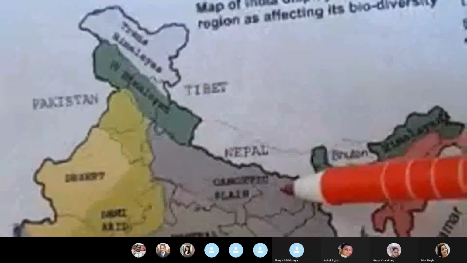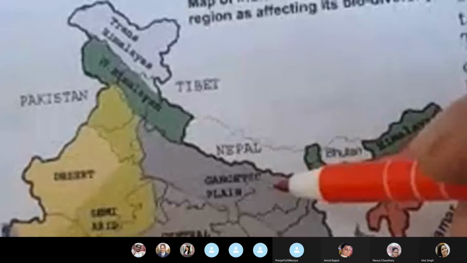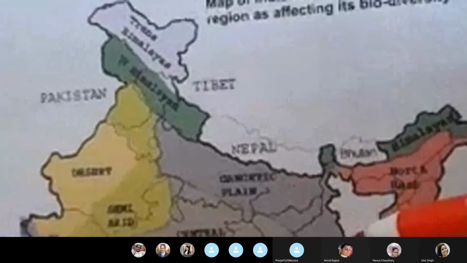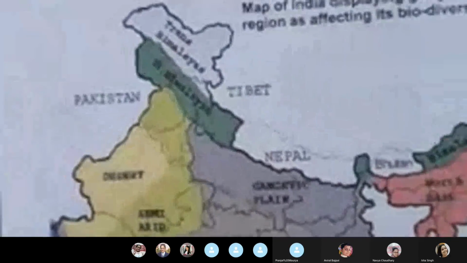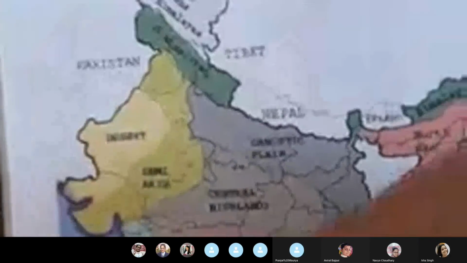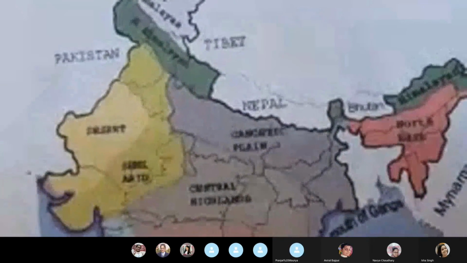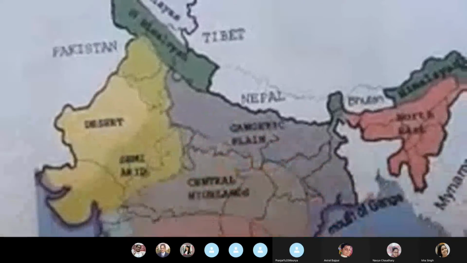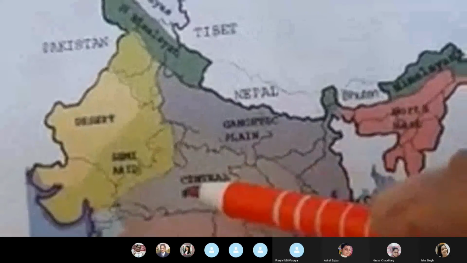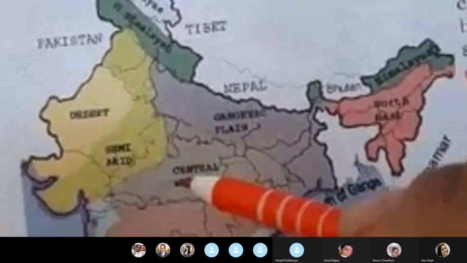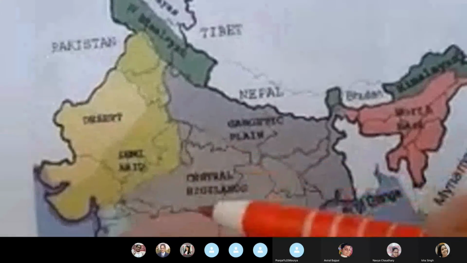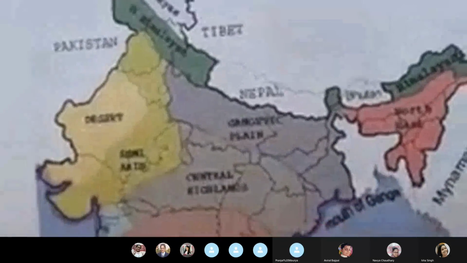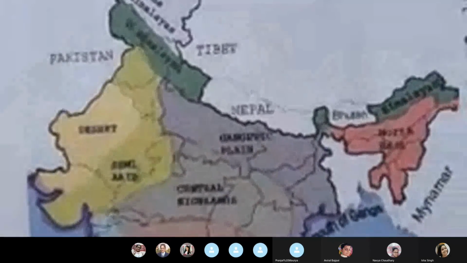Then the plains are the fertile regions and they provide a field for agriculture. That means food supply is managed from here. Then the plateau region is rich in minerals and that gives a lot of raw material for various industries to grow and flourish in India.